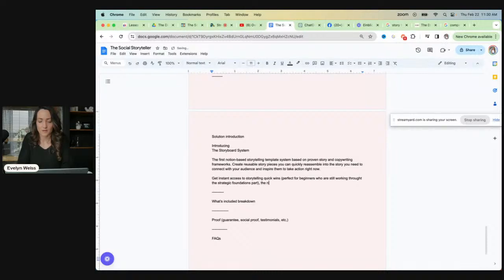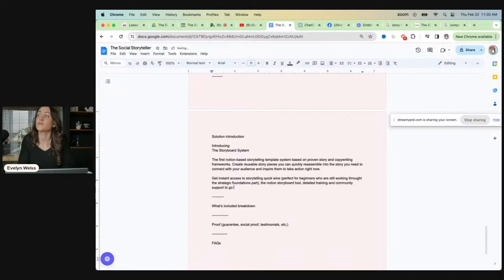The Notion storyboard tool, detailed training and community support to go from I hate writing to I love it.